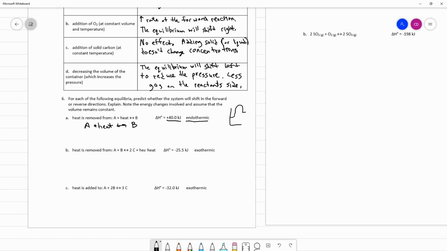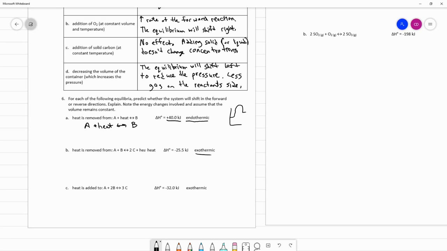So that would be a positive reaction. Positive enthalpy, in this reaction, it would be endothermic. So think of heat as either being a reactant if it's endothermic or a product if it's exothermic. So if we remove heat from this system, that's like we have removed a product.